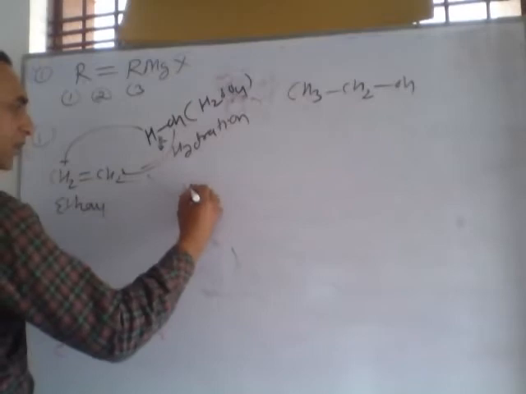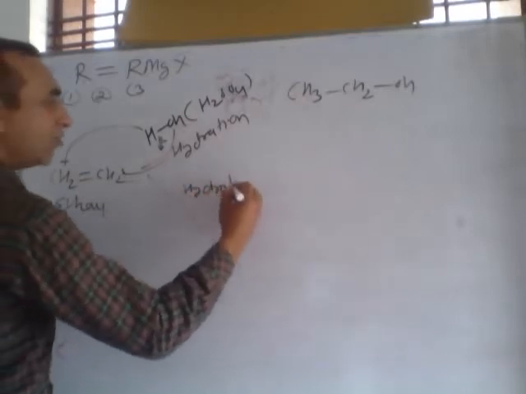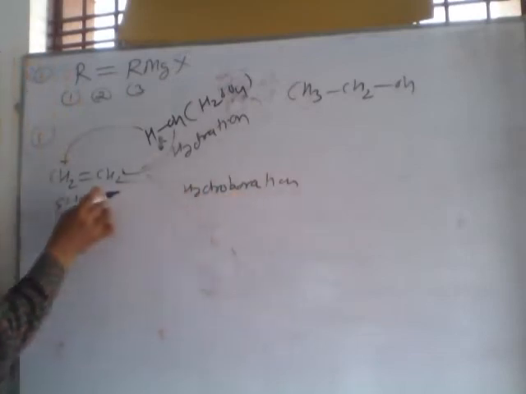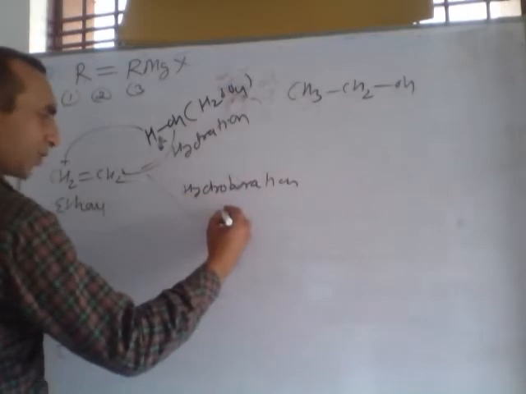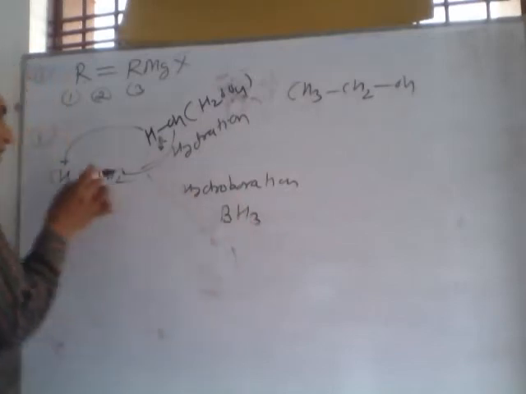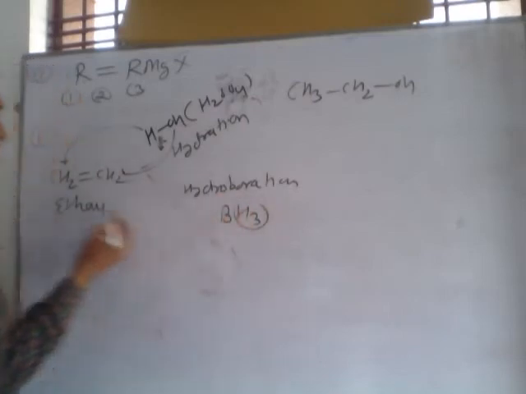The second process is called hydroboration. By hydration, or by hydroboration of alkene, we can prepare alcohol. In hydroboration we use this compound, called borane. In hydroboration, hydrogen and boron both react on the alkene. So these three hydrogens are replaced.